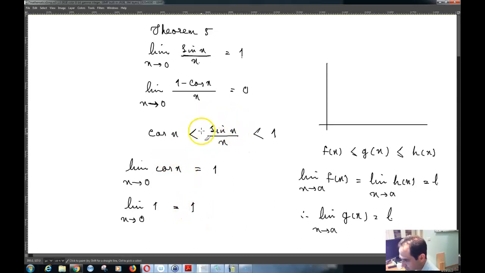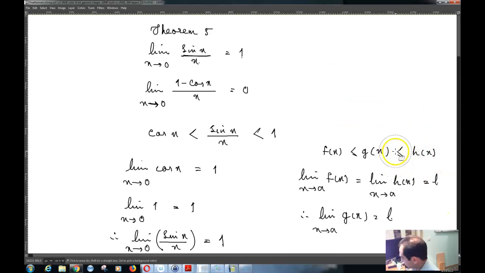So since this function is sandwiched between these two functions, based on the sandwich theorem, you can conclude that the limit of sine x by x as x tends to 0 is equal to 1. That is the first part that we wanted to prove here.